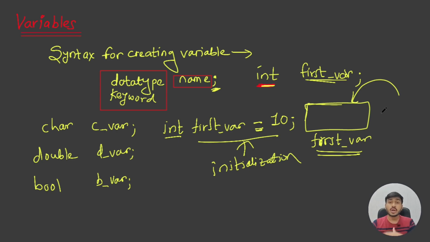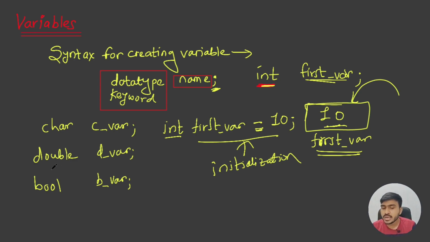It's going to allocate some memory for your variable, and then store your value in that memory. In this case we are storing 10, so 10 is going to be stored in this memory. Whatever value you give in the initialization is going to be stored in the variable. As simple as that. Now I hope you are clear with this concept.